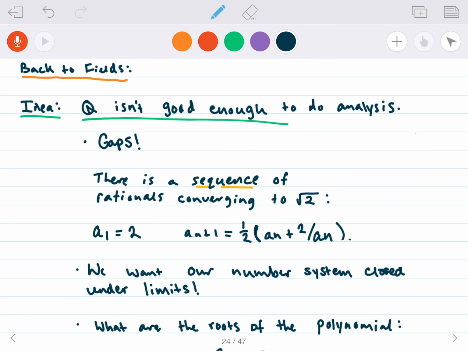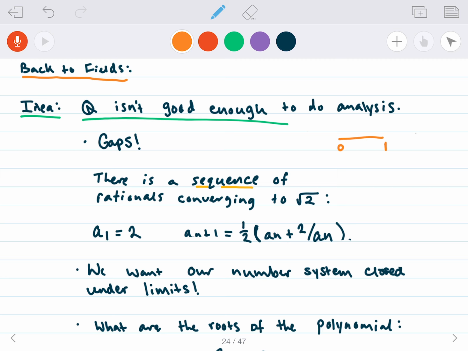In the last video, we talked about Q, the rational numbers, and the real numbers R being fields. Why can't we do analysis with Q? Well, we don't have a notion of continuity with Q. If I were to draw a line segment from 0 to 1, yes, I have infinitely many rational numbers between 0 and 1, but I also have infinitely many irrational numbers between 0 and 1.